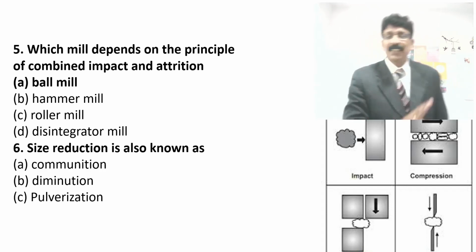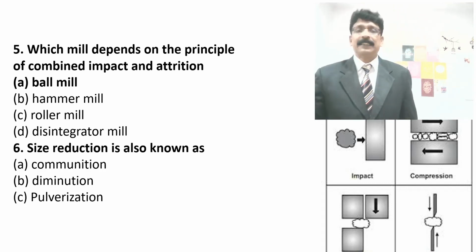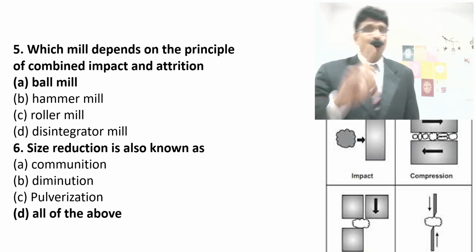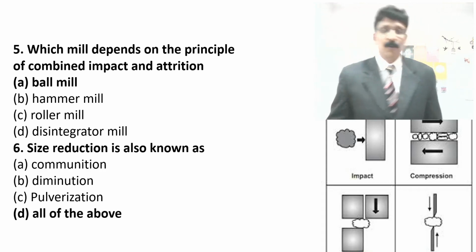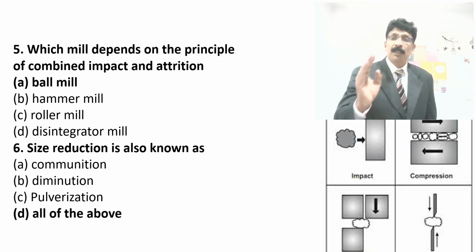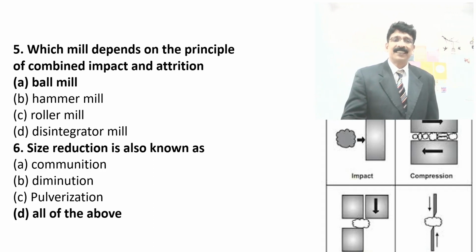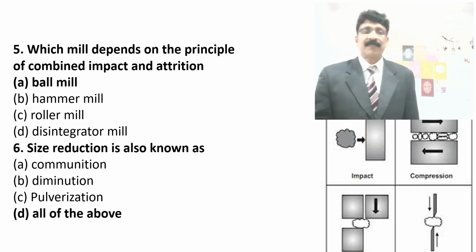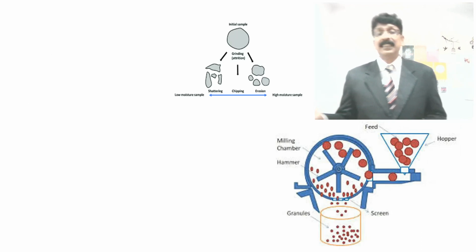Pulverization is also reducing the size. So all of the above were given as choices, and the answer is all of the above. Students should remember that size reduction can be called comminution, diminution, pulverization.